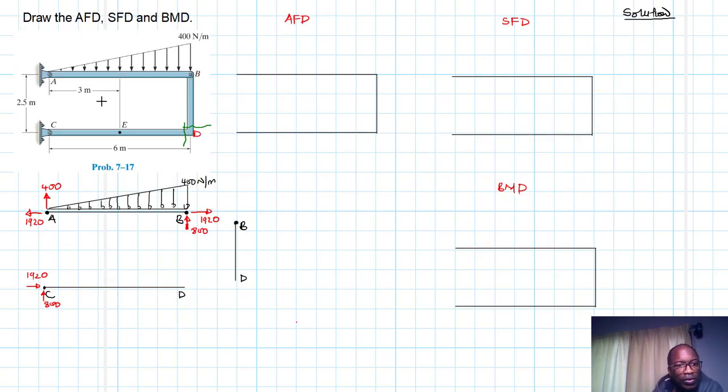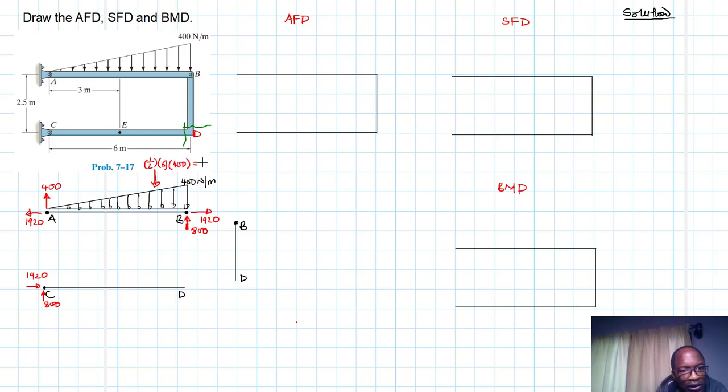From this we are going to start from this end. So here we are going to have the equivalent force, which is just the length 6, like we said last time, times a half times 400.